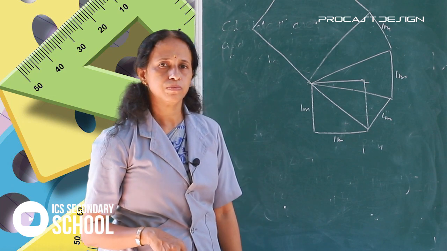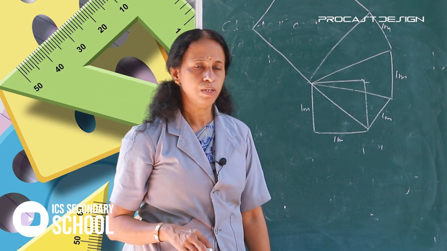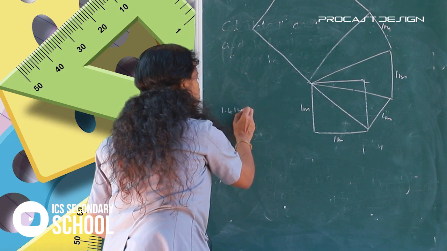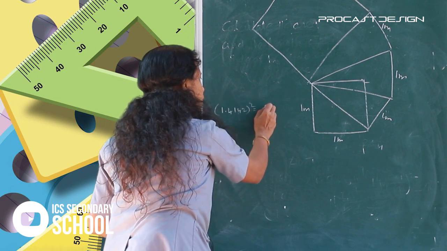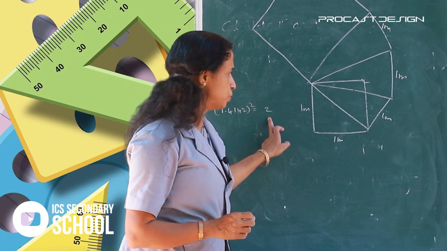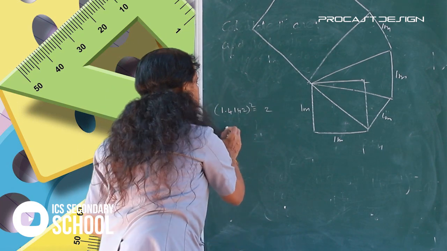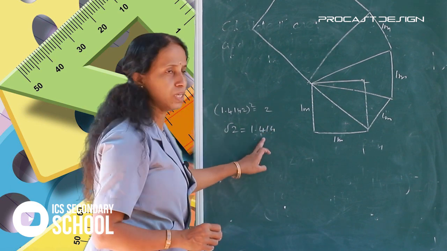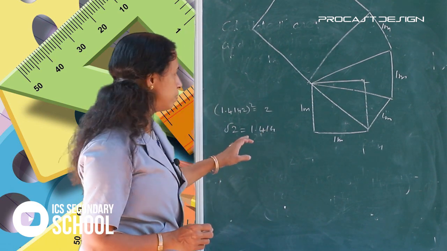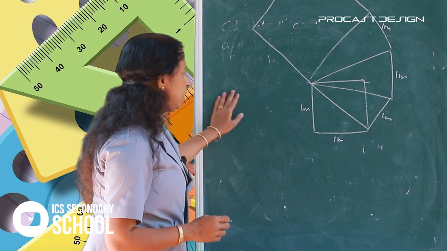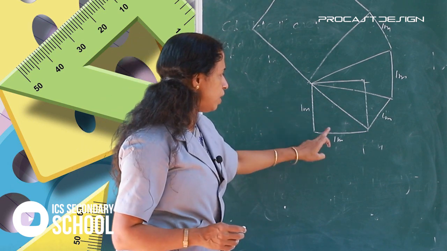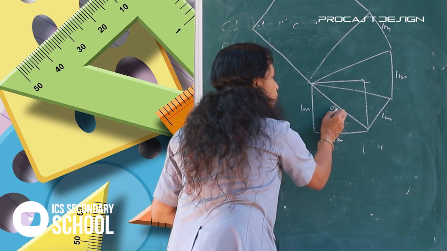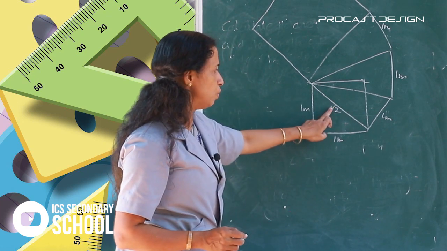How can we find it? Here, we know that 1.4142 square is close to 2. So root 2 is equal to 1.414. Look here: 1 square plus 1 square gives root 2.